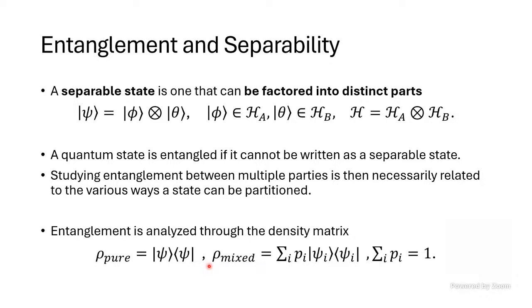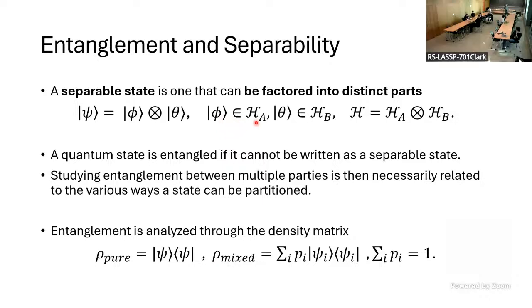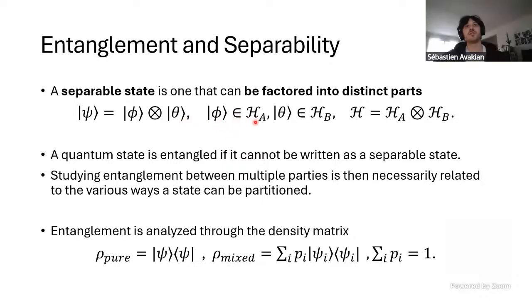But one way that we could think about entanglement is through separability. And so a separable state is, roughly speaking, one that can be factored into distinct parts. So for example, we could have some quantum state, and we could separate it into two, in which both parts are put into respective different subsystems that, when tensored together, make up the whole Hilbert space.